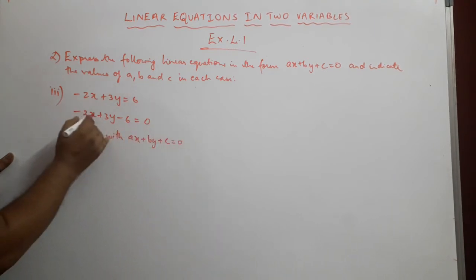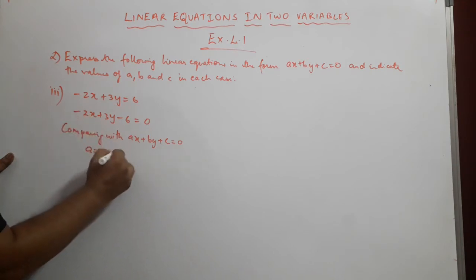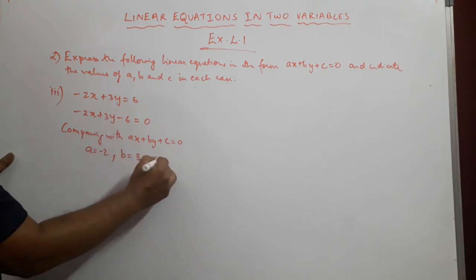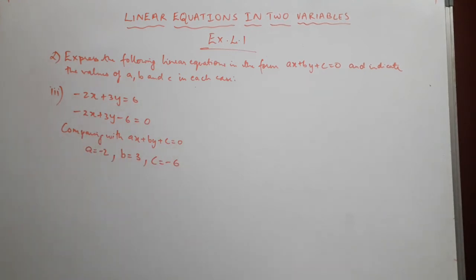What we get? Coefficient of x is what? Minus 2. Then coefficient of y is positive 3, and the constant coefficient is minus 6. So we've got values of a, b and c in this case.